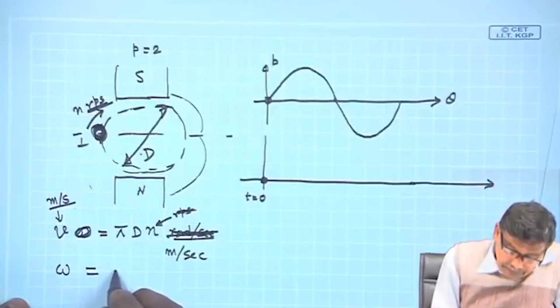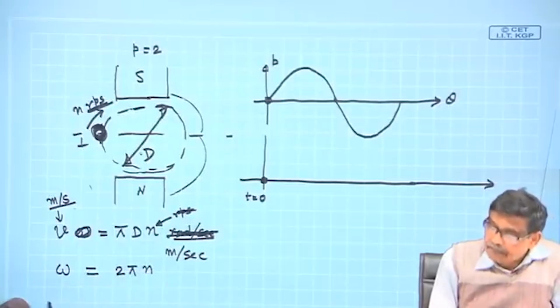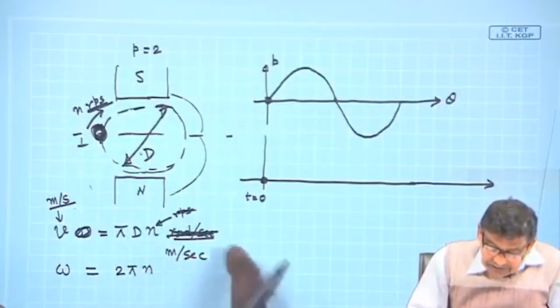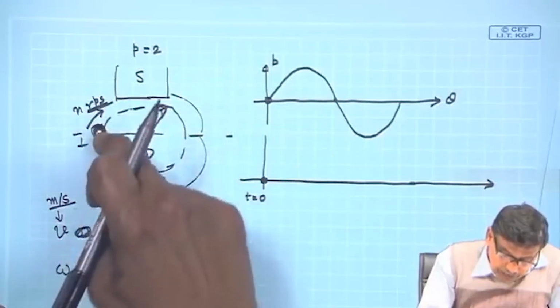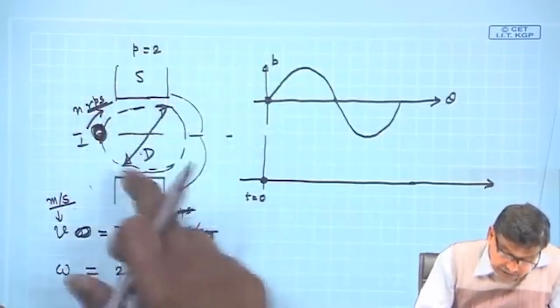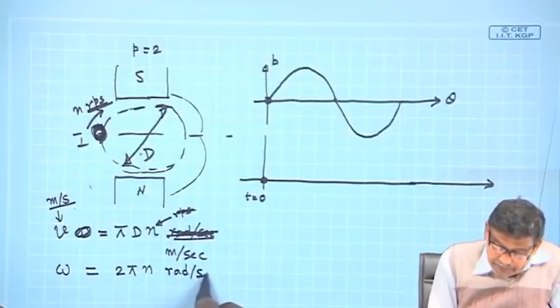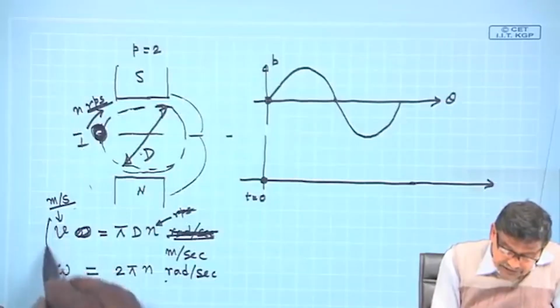It will be 2 pi into n, because in 1 second one rotation means 2 pi angle. So, in 1 second it makes n rotations, it will be so much radian per second. So, these are the two things.